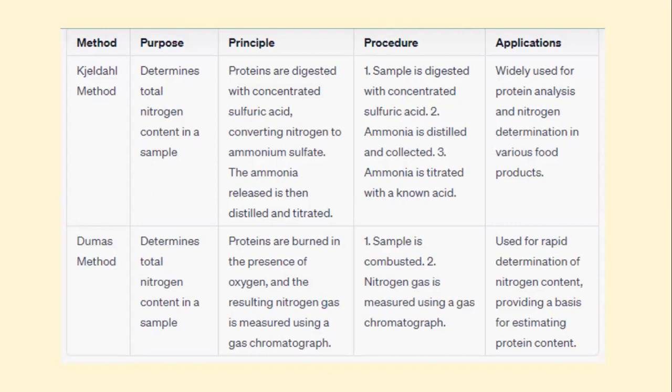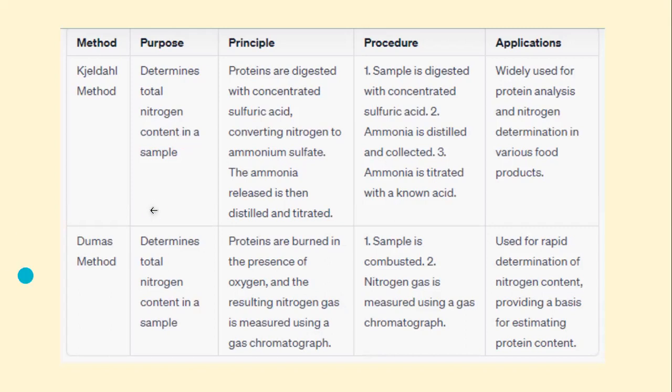So there is a nitrogen to protein conversion factor. For example, after this Kjeldahl method, you get the amount of only nitrogen content. When you multiply that by 6.25, that is called the nitrogen to protein conversion factor. This factor will give you the amount of protein.